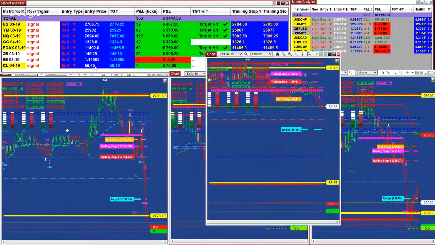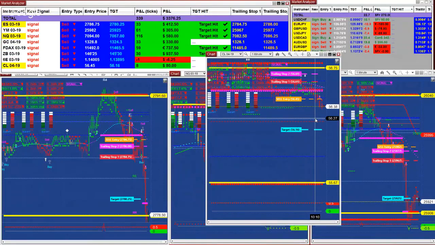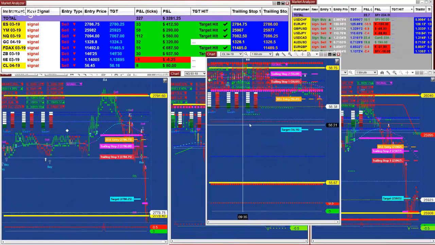The entry was 56.45, target 56.16, and we have a bumper at 56.25. It's going to be a little trouble here. So if you are taking those trades, you should consider maybe exiting on the CL. It is short. There is nothing long in here, and maybe we can also take advantage of the reversal today, or maybe leave it for another day. I don't want to confuse the traders at the moment with that.